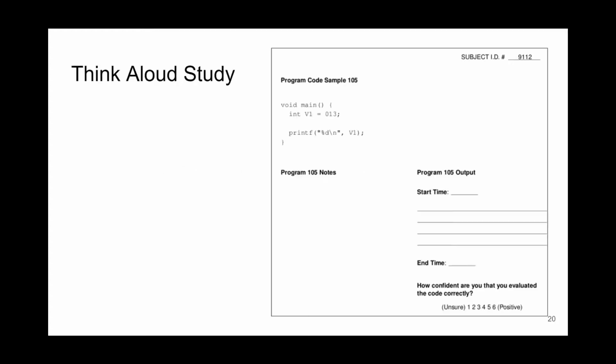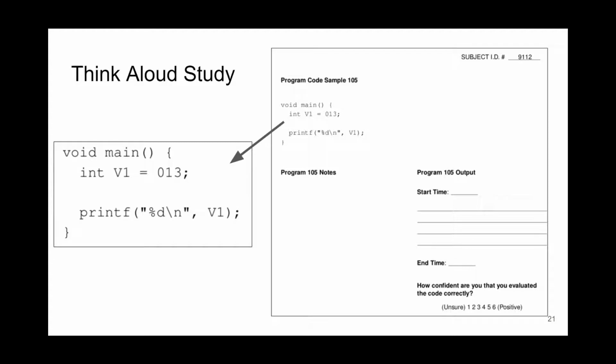Specifically, the type of qualitative study we wanted to use was a Think-Aloud study, and this is one in which you get subjects to perform an action using a system while speaking aloud all the thoughts they have as they go along. And so for us, we used the same style experiment that we had in the previous correctness-based hand evaluation experiments, except this time we would show subjects programs not in isolation on a computer in the same way that they would if they were really doing work or doing homework.